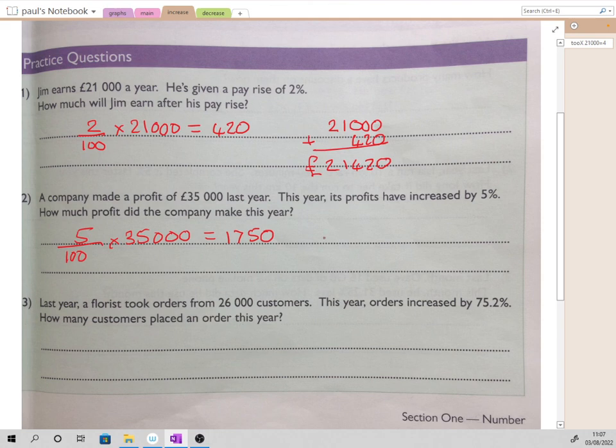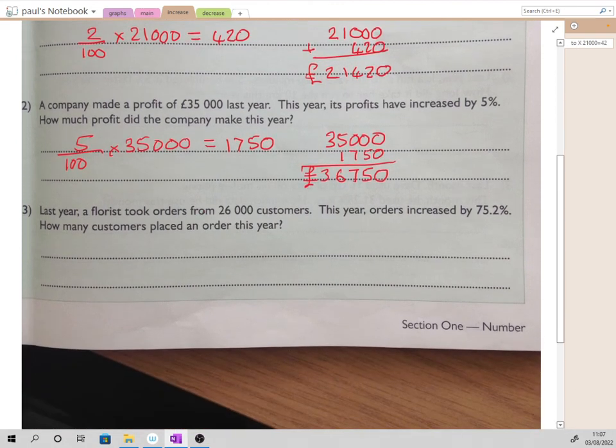And to find out how much they made this year, we add the two together. So 35,000 plus 1750 is £36,750.